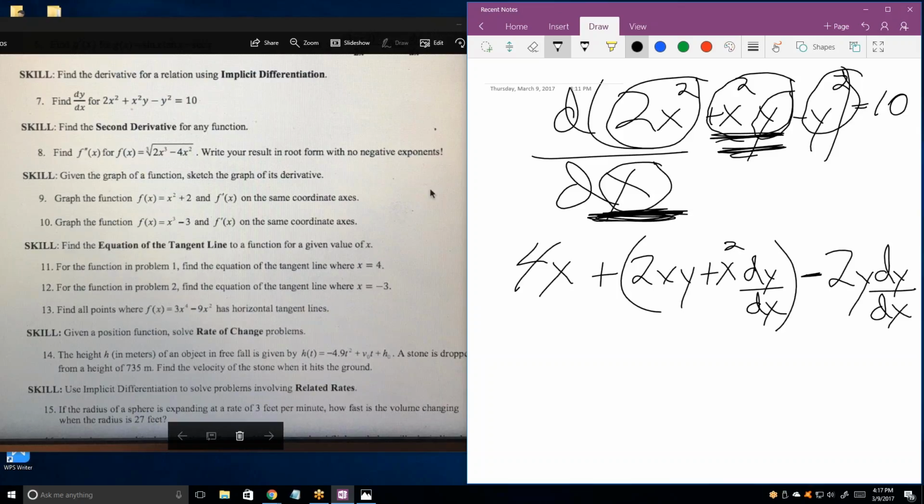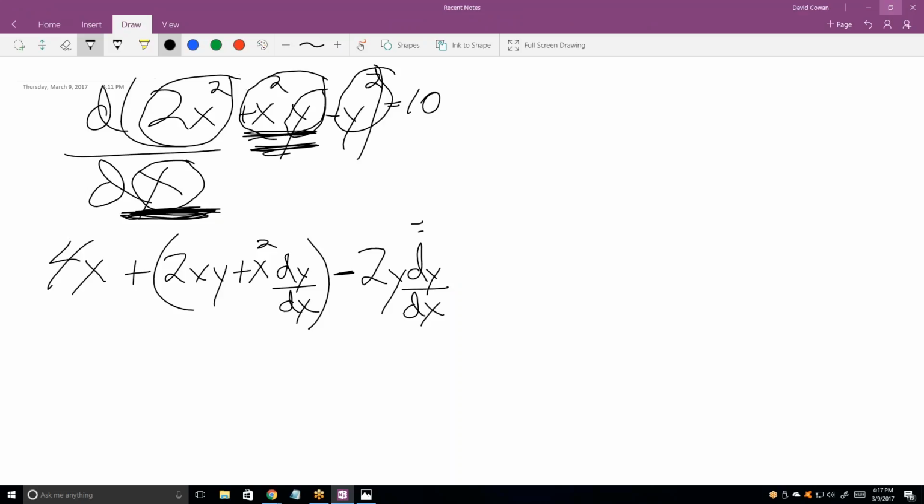But because it's a y, I got to follow it with a dy dx. Now, what's the derivative of the right side? 10 was what was over there. What's the derivative of 10? 0.